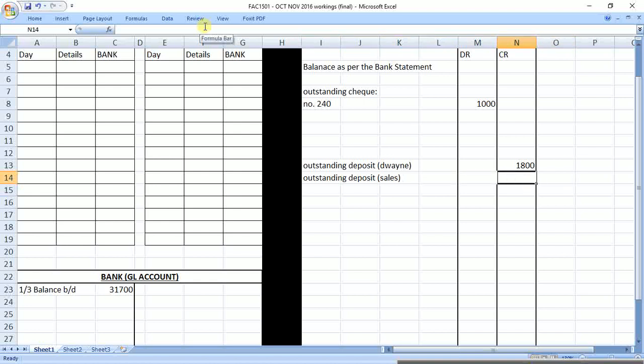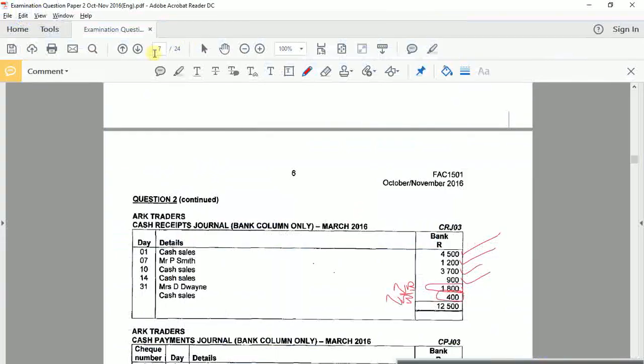What was the amount? 400. Here we go. And that's the end of that bit. Can we tick this? Yes, we can. So notice now you've completed the cash receipts journal. Happy? Yes.